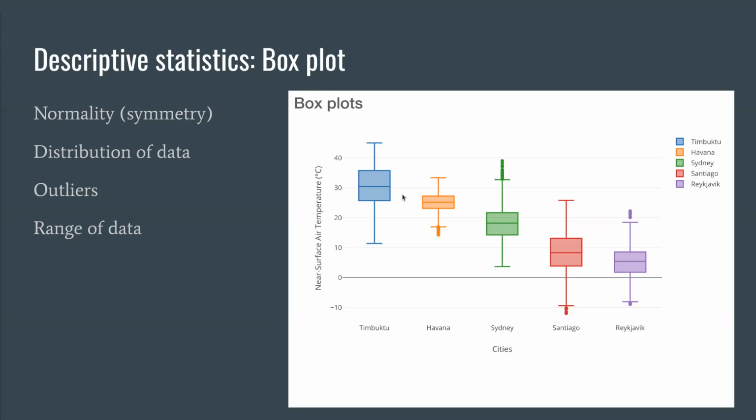And these graphics also provide a visual assessment of the effects of a transformation, which will become one tool we can use when dealing with violations of assumptions. So box plots, in order to create one, require knowing the median, which is the line in the middle, and the first and third quartiles, and also the smallest and largest values.